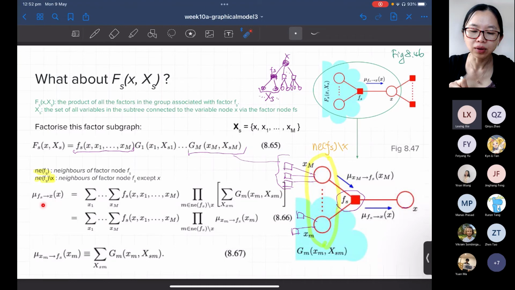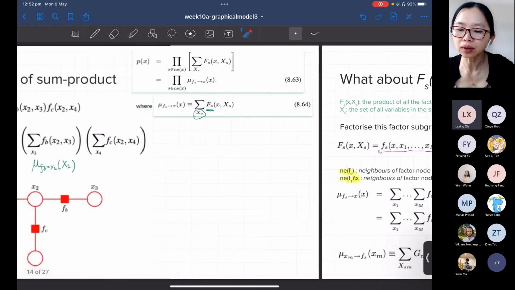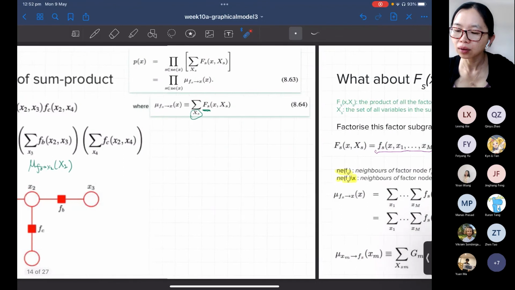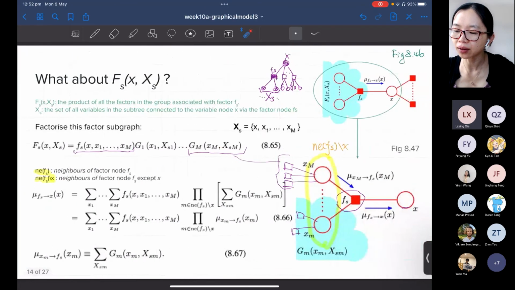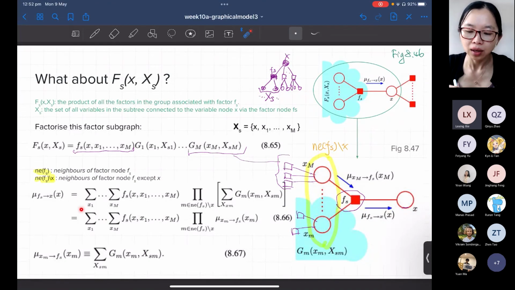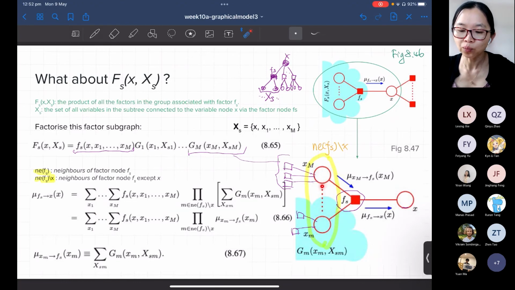So the message we had before, mu from f_s to x, the message being sent to the node in question x, is marginalized over all the other nodes, x_1 through x_M. It consists of equation 8.65.